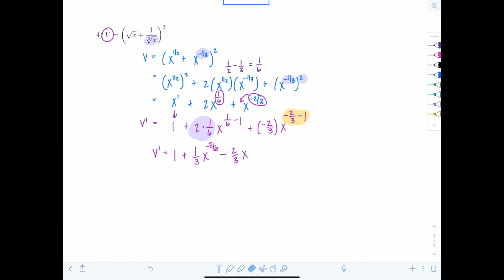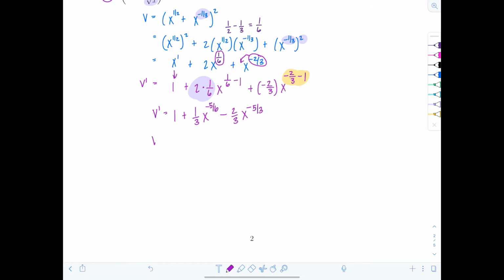So this is -5/3. Okay, and then let's clean it up just a smidge more. So v prime equals 1 plus, I could write this as 1/3 x to the 5/6 minus 2/3 x to the 5/3.